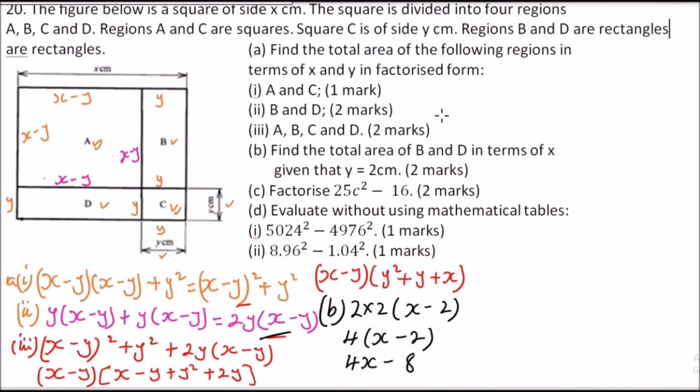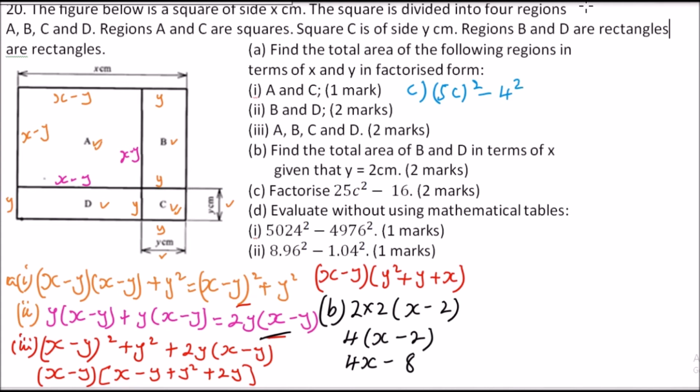We can do it here, and we are told to factorize 25c squared minus 16. So that's a difference of 2 squares. We can write this as 5c all squared minus 4 squared.